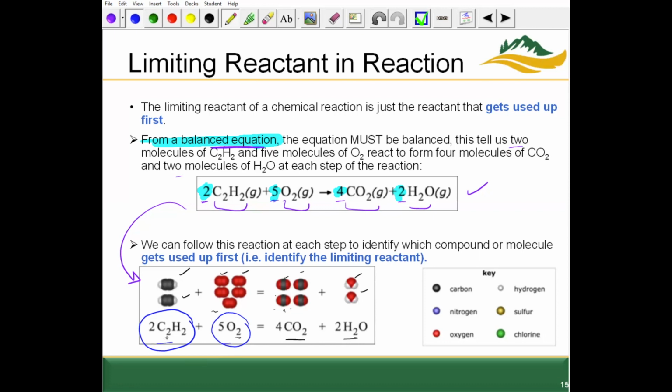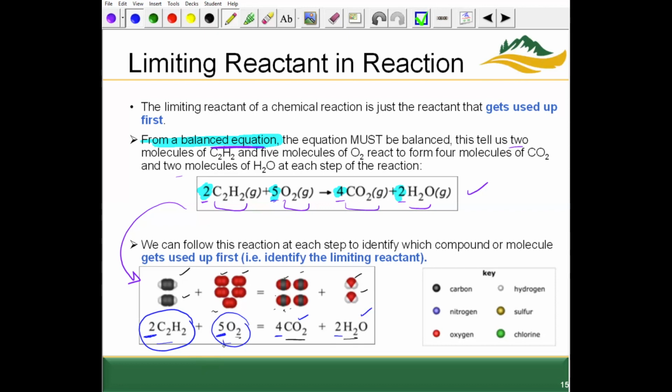The ratio here is that for every 2 molecules of C2H2 that react here, we need 5 molecules of O2. So this is how we connect how many moles or molecules are needed here to how many moles or molecules are needed here in order to produce, again, 4 carbon dioxide and 2 water molecules.